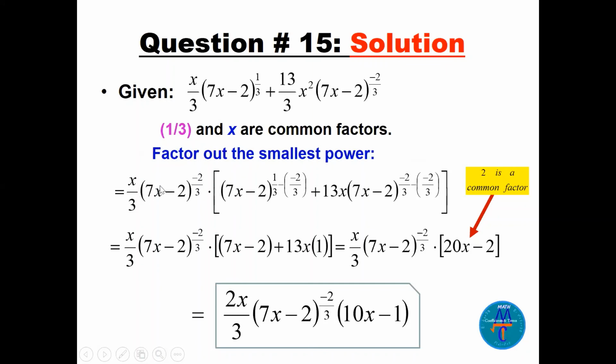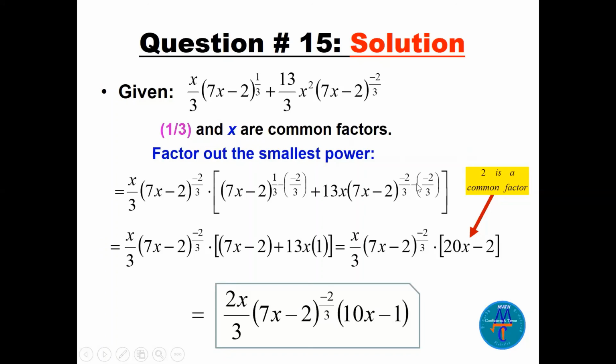So the 1 over 3 went outside in the common factor, 1/3, also x. 7x minus 2 with the smallest power, minus 2 over 3. So as we said before, 7x minus 2 will be 1 over 3 minus the power outside. Now 13x, 7x minus 2, minus 2 over 3 minus the power outside.